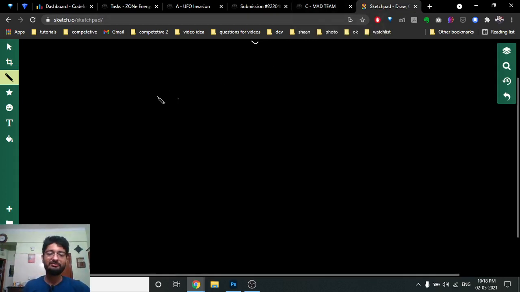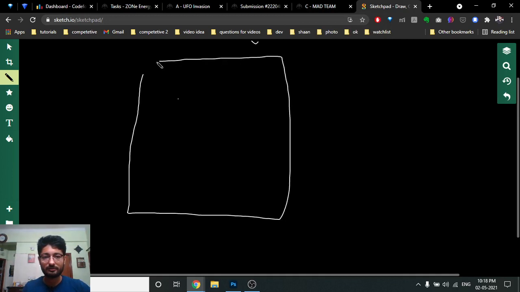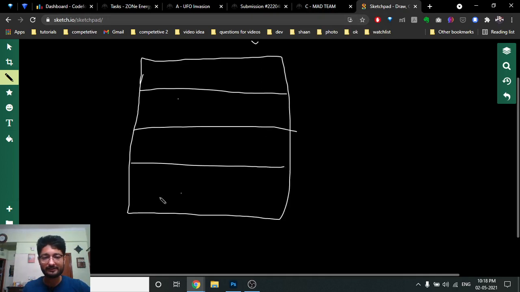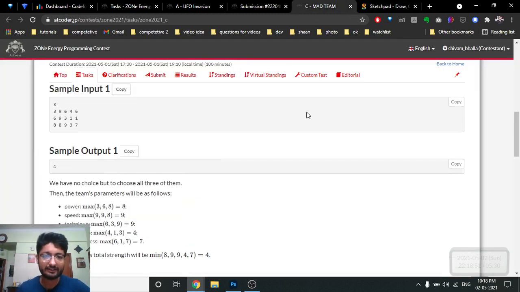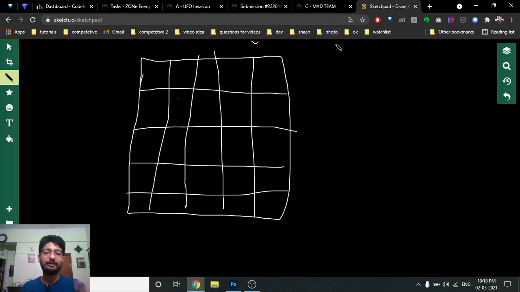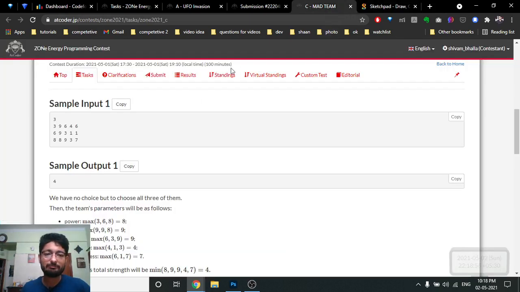Now how can I find that? Let's assume I take out all the categories, 1 2 3 4 5. I want my total strength to be greater than or equal to 4.